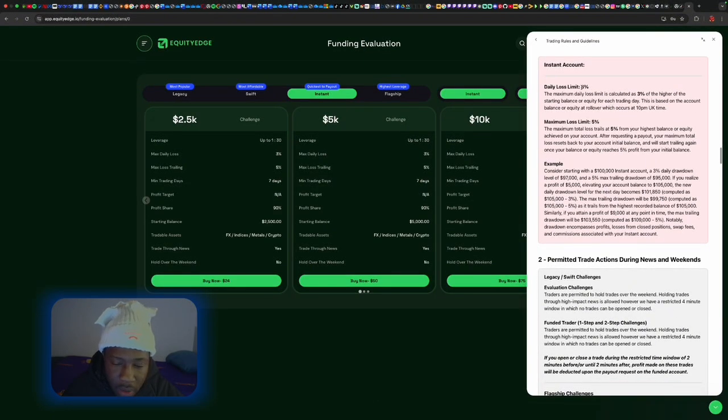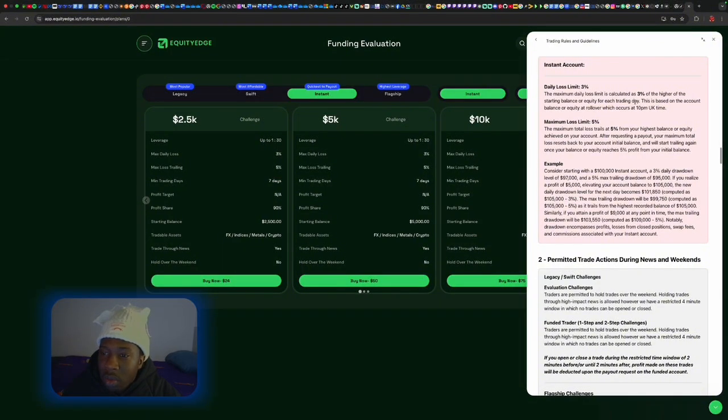It's 150. So 150 is my daily drawdown, so I don't need to exceed this 3% when I'm trading.